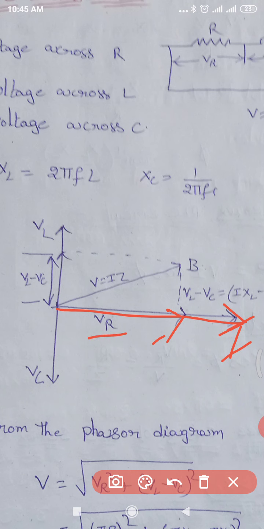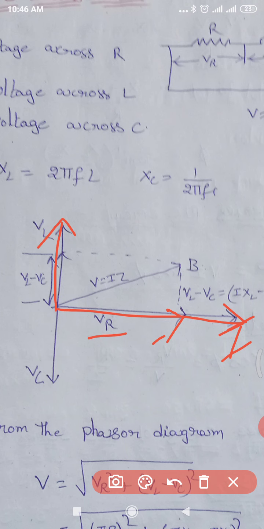Next in our circuit we have the inductor, that means there is an inductive voltage VL. We have also seen in previous classes that when a pure inductance is present in the circuit, the current is lagging by 90 degrees, or the voltage is leading by 90 degrees. So here I am taking the voltage VL.